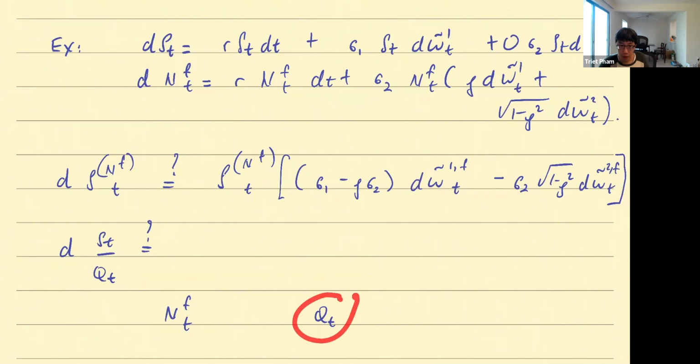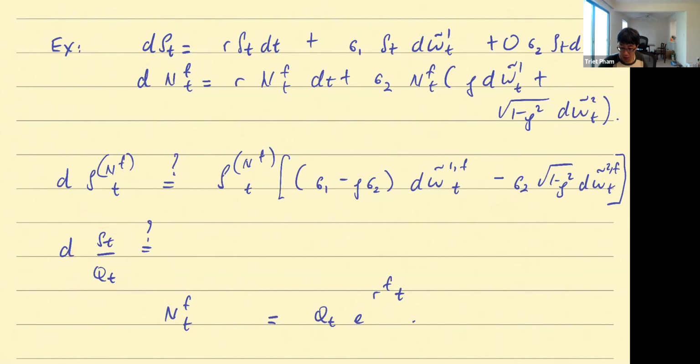This is the foreign exchange rate, meaning the value of the foreign currency. This is the foreign money market account, meaning the foreign currency deposited in the foreign savings account. So the relationship between this and this is something like this. In other words, this is the discounted version of this.